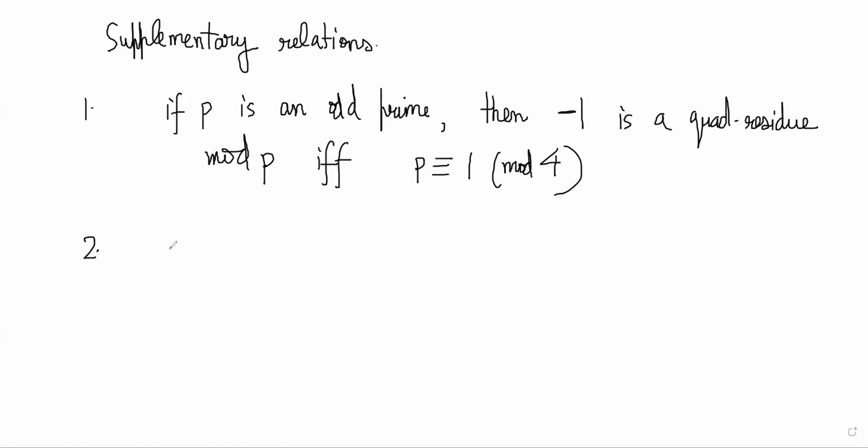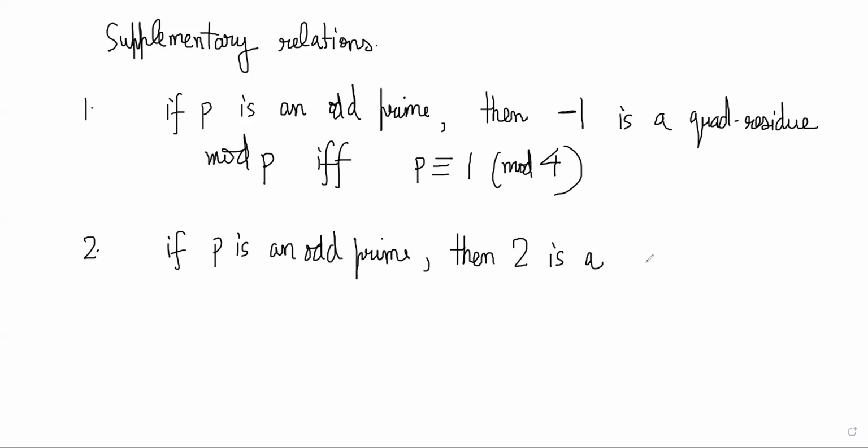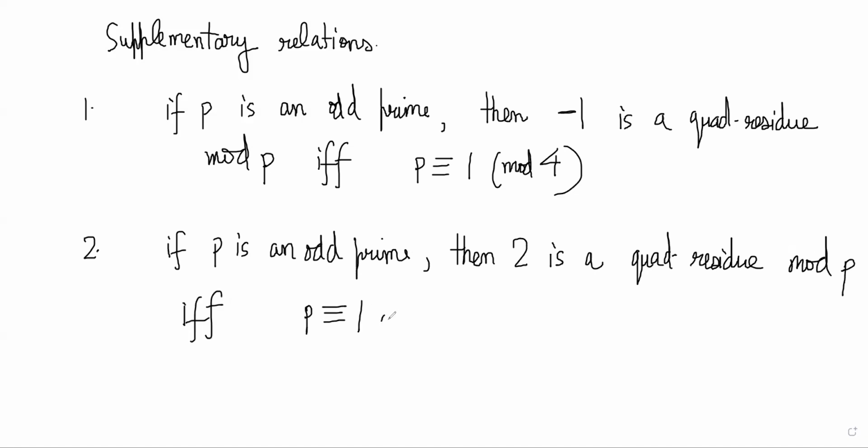And the second one: if P is an odd prime, then 2 is a quadratic residue mod P if and only if P ≡ 1 or 7 mod 8.